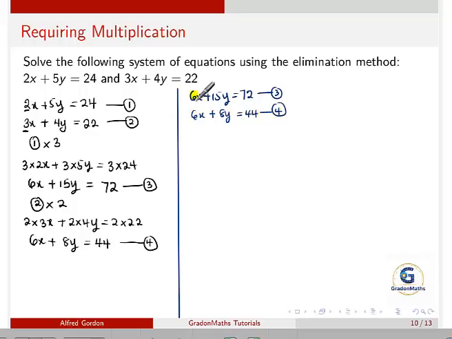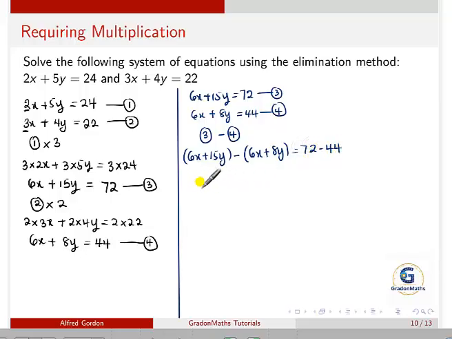Now that the coefficients are the same, we can do equation 3 minus equation 4. In equation 3 we have 6x plus 15y, minus equation 4, which is 6x plus 8y, and this is equal to 72 minus 44.